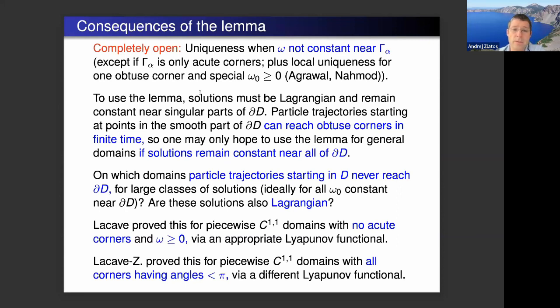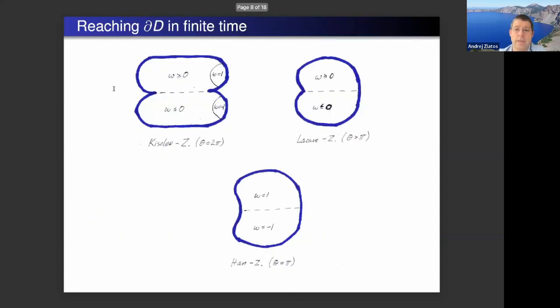Now you might think that I might be able to do something if the vorticity is non-constant near the boundary, but only at a good part of the boundary. The problem there is that typically your vorticity, or the non-constant part of it, is going to be carried into that bad corner if there are such bad corners. The reason is, for example, look at this domain here.